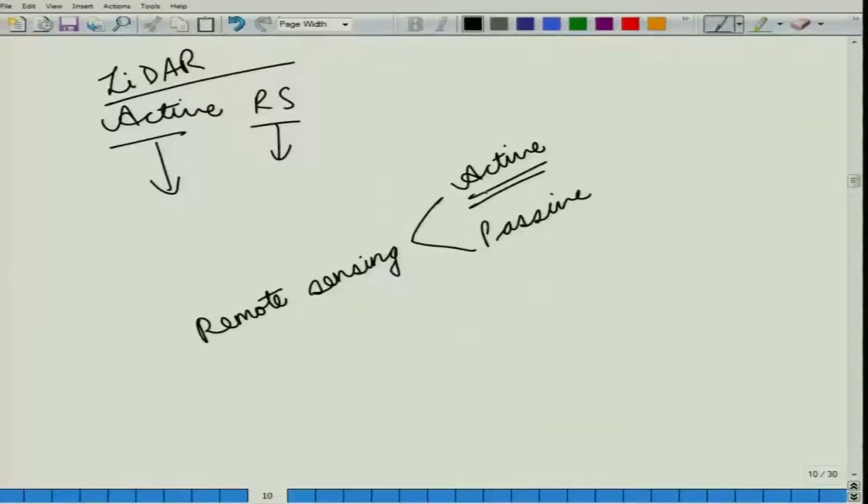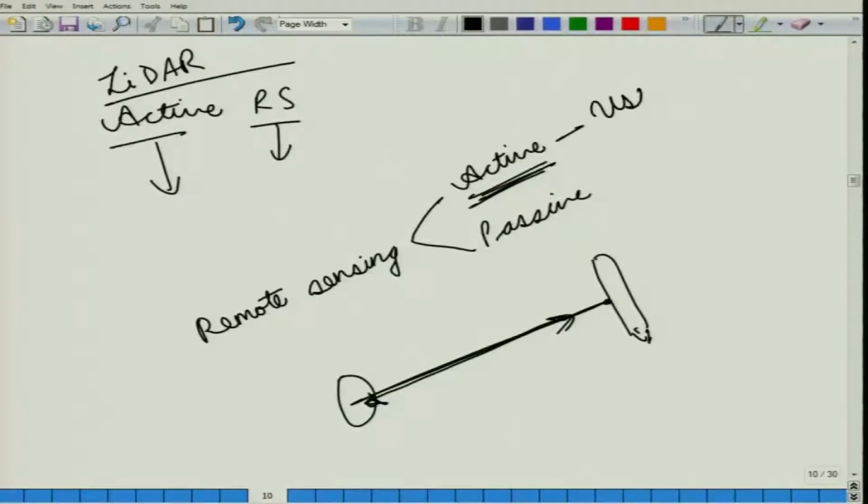Active remote sensing, on the other hand, uses a technique in which you fire some sort of radiation from your device. Suppose we had this pen here and suppose I threw some light, for instance laser light. Now those laser lights would interact with this object and be reflected back, and then I would measure them again. That sort of remote sensing uses energy.